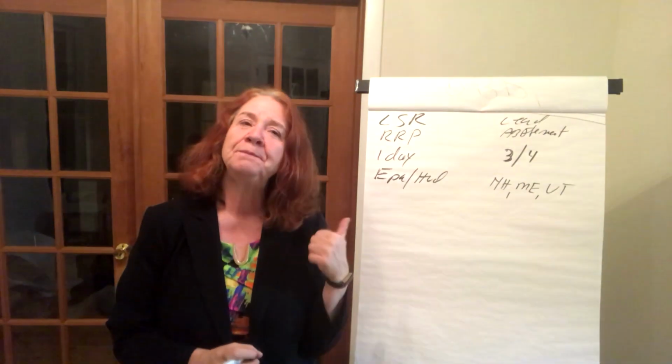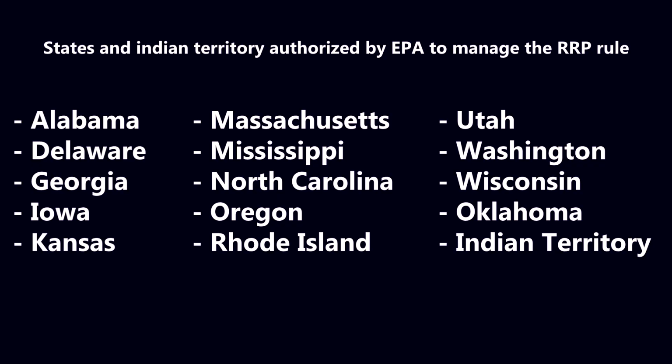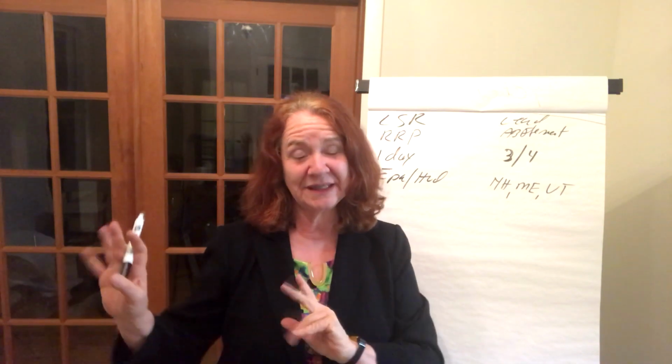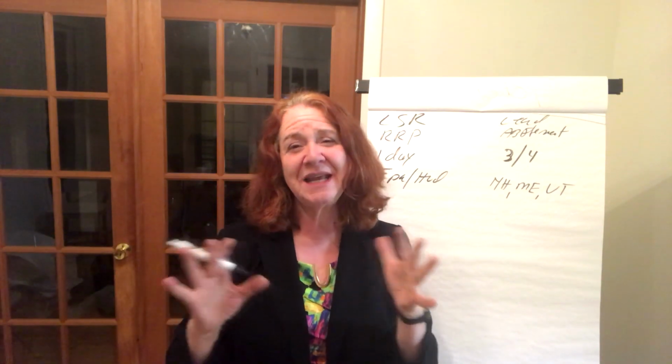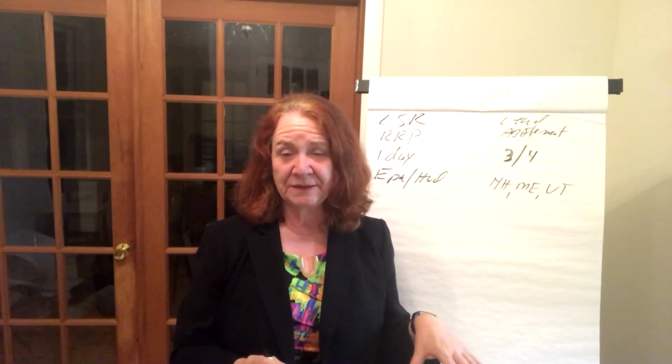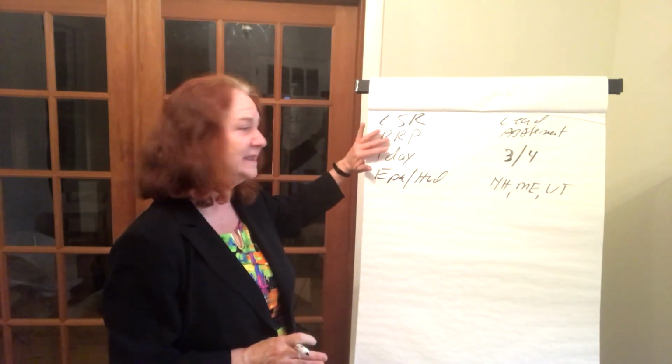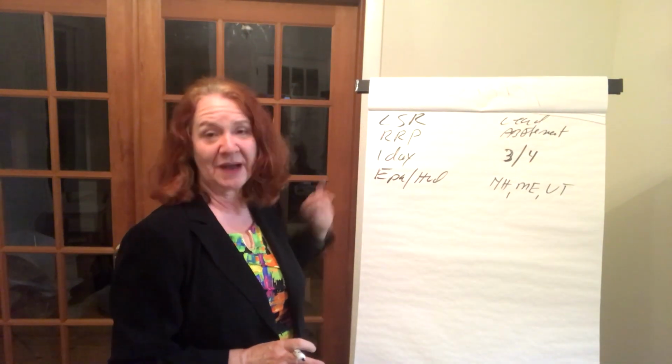So if you work in Alabama, Delaware, Georgia, Iowa, Kansas, Massachusetts, Mississippi, North Carolina, Oregon, Rhode Island, Utah, Washington, Wisconsin, or Oklahoma, and an Indian Territory, in the middle of 2018, those 14 states plus 1 Indian Territory have taken over the management of the law and are handling it at the state level. The rest of the country, the RRP, or the Lead Safe Renovator designation, is handled by EPA and HUD.